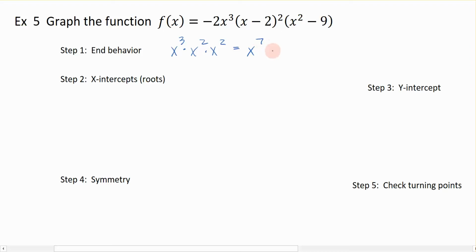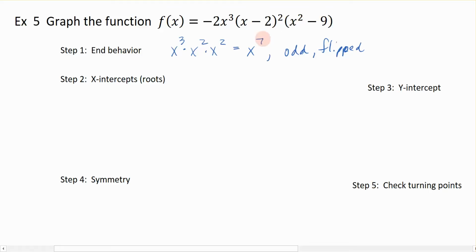Meaning this is a 7th degree polynomial, an odd function, and the leading coefficient is negative, so it's flipped. That is the shortcut for determining the degree of the function, because I don't think you want to expand out a 7th degree polynomial.